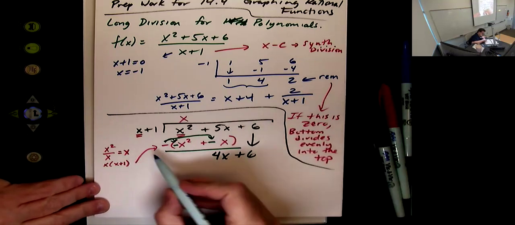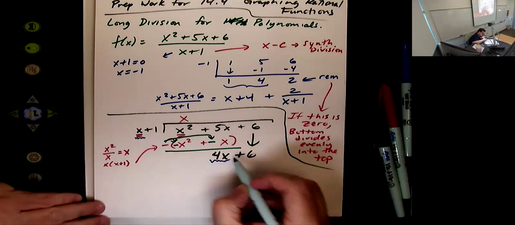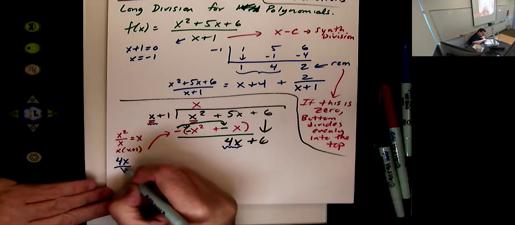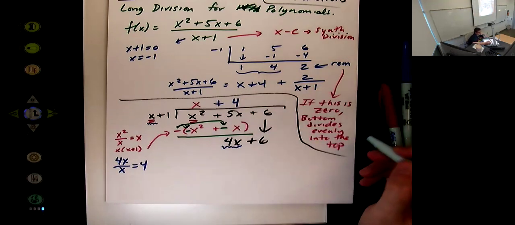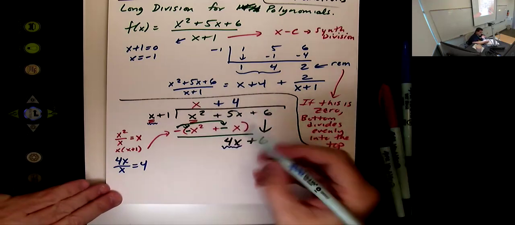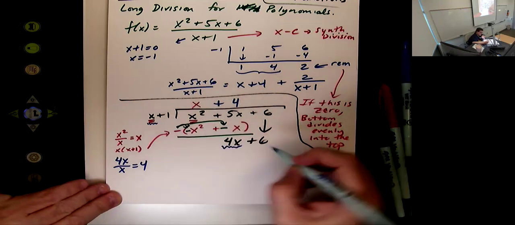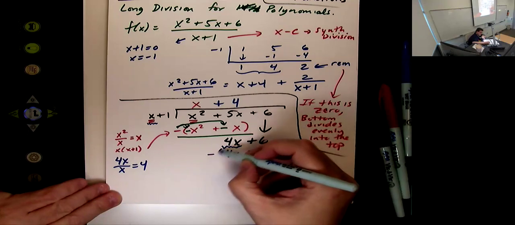Then we're seeing again, how many times can x go into 4x? It equals a positive 4, so I'm going to put plus 4. We take the 4 and multiply by the x plus 1. I get 4x plus 4. And then I'm going to subtract it.